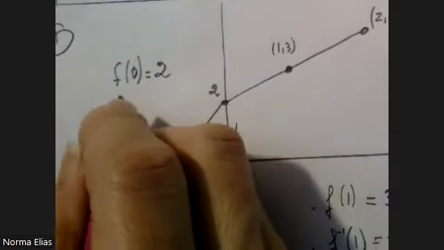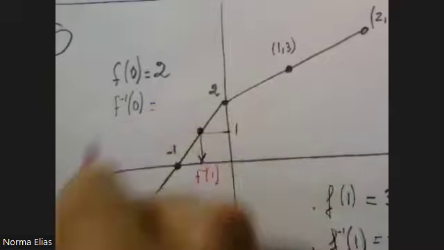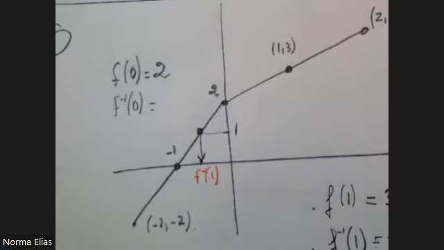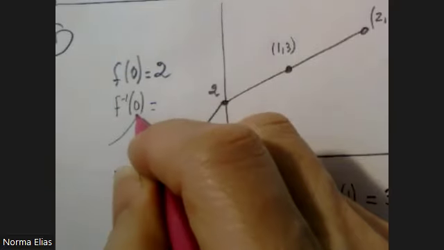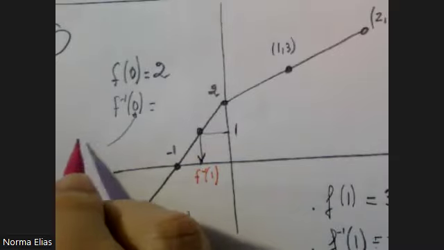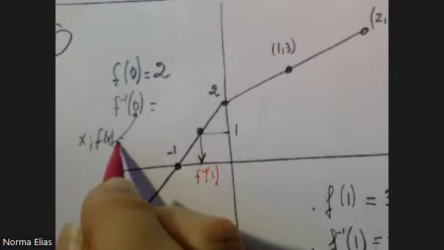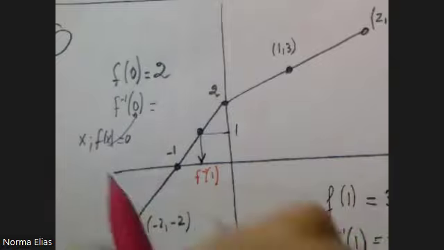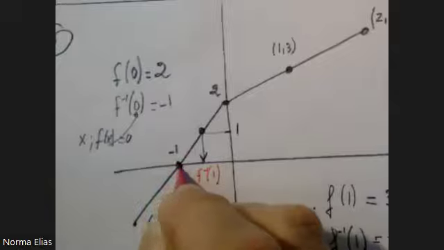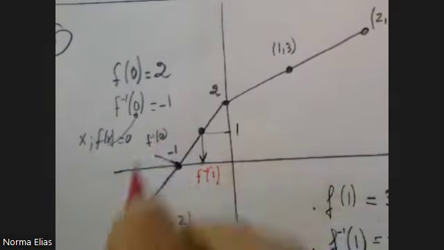Now, what is f inverse of 0? Now I have a totally different change. The 0 here is an output of f. So the question is, I want you to find x such that f of x equals 0. So it's minus 1. This here is f inverse of 0.